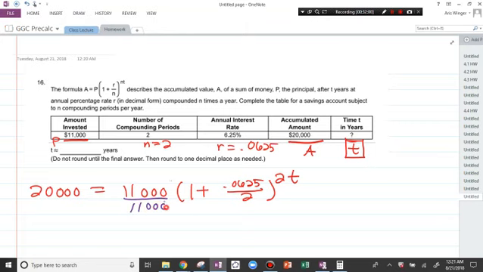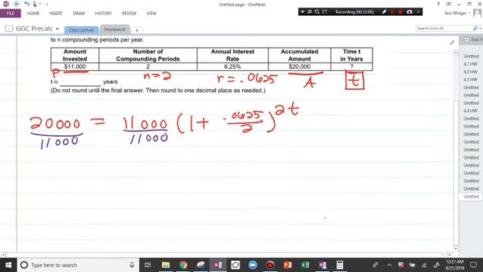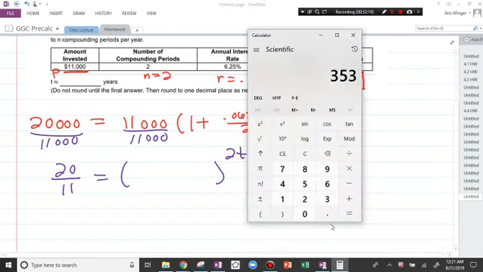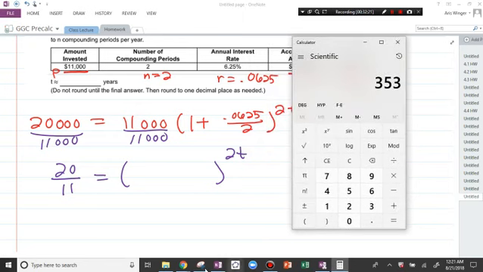To get rid of it, I need to do the opposite of multiply, and that is divide. We'll divide both sides by 11,000. That gets us, all the thousands cancel. It's 20 over 11 equals, and then what I want to do is I just want to get a nice decimal if I can for this.